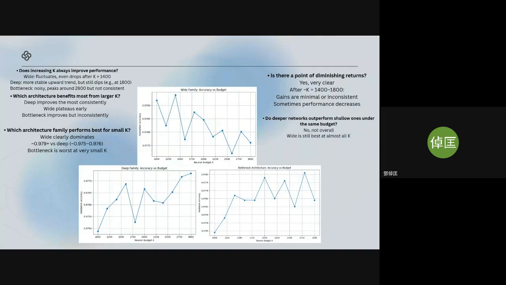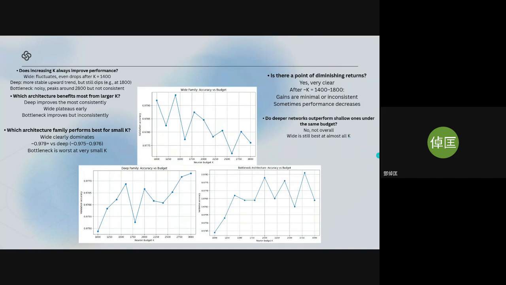Yeah, so here looking at the different plots. This is the average accuracy for the different architectural families. Firstly, if we look at the wide family, it seems that around 1,400 neurons or somewhere like that is where the peak accuracy was.